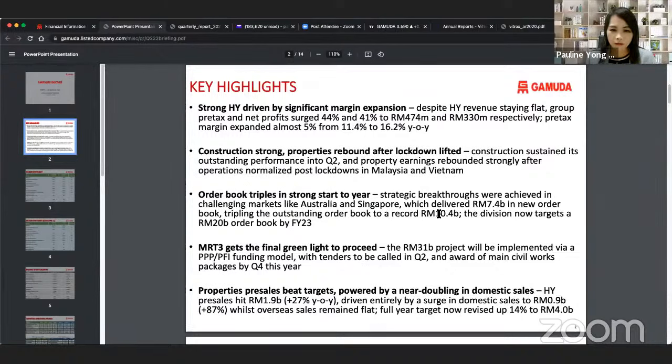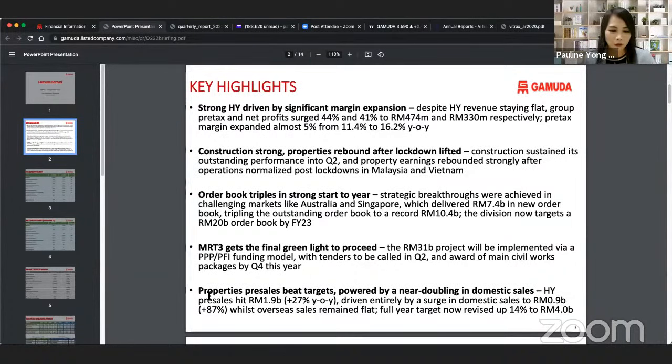They have a record of 10 billion outstanding order book, and they are now targeting a 20 billion order book by financial year 2023. That's amazing, right? Another thing is the MRT3, hopefully also in the line.